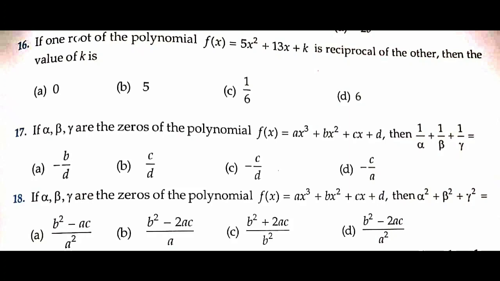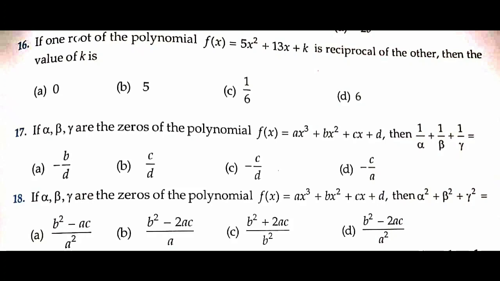So using the formula for the sum of the product of zeros taken two at a time and the product of zeros of the cubic polynomial, we will have c/a divided by -d/a. So a and a will cancel, and we are left with -c/d. So option C is right here in this question.